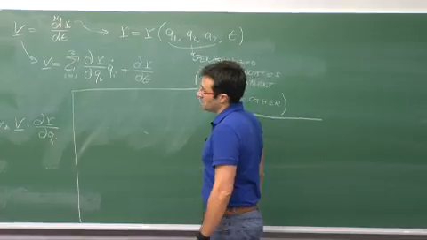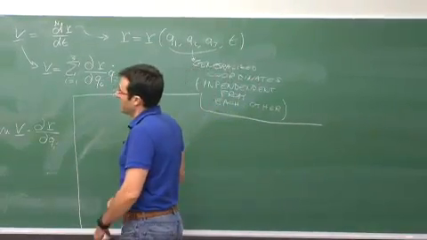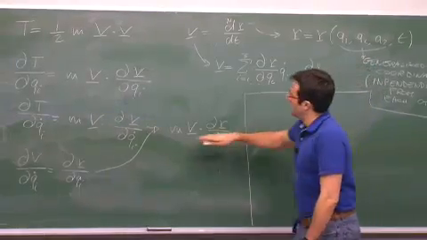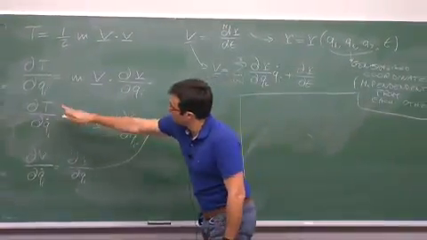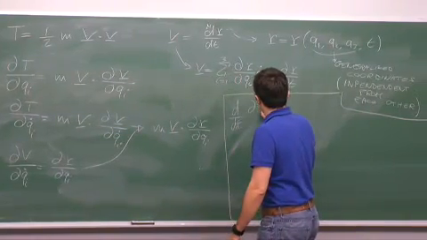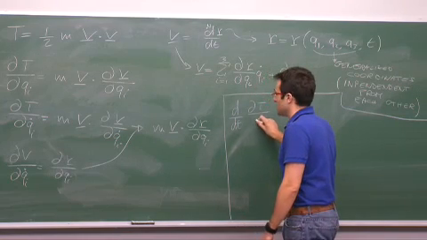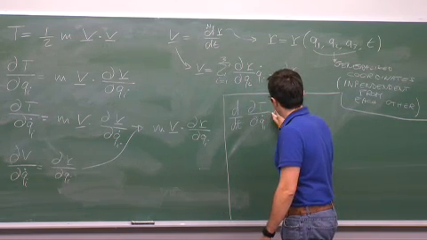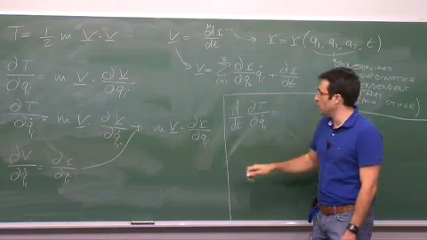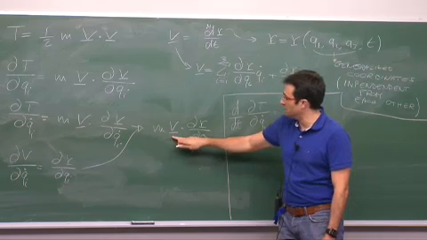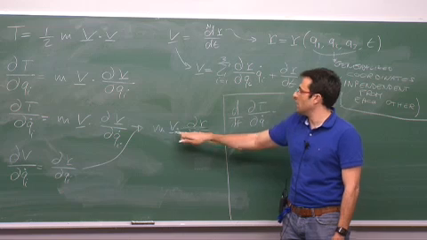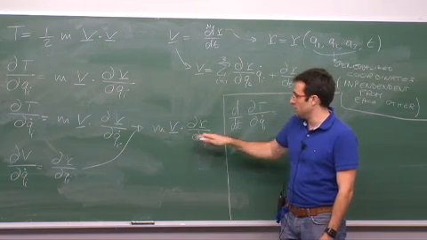I'm going to start taking derivatives with respect to time because that's what we do. And again, I'm not going to write this N, but assume that it's there. I'll start taking the derivative with respect to time of this partial here. d/dt of the partial of T with respect to qi dot. What is that equal to? This is what I am differentiating with respect to time. Well, m is a constant, so it will be the derivative of v with respect to time dotted with this, plus v dotted with the derivative of this with respect to time.